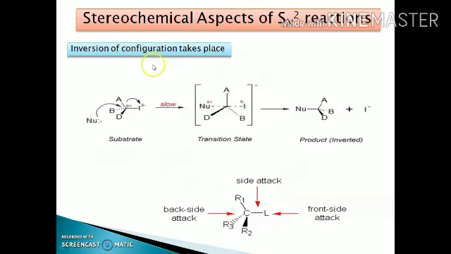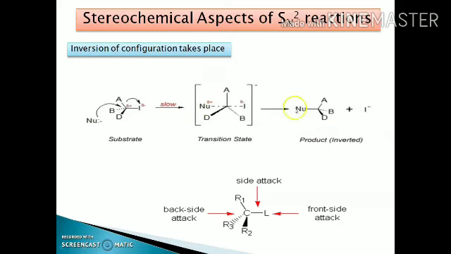In the next case, in the SN2 reaction, the substrate is present on the left hand side. After the nucleophile attacks, the transition state is formed, and this transition state is pentavalent. The iodide, being a better leaving group, starts leaving the compound and the nucleophile is attached on the other side.